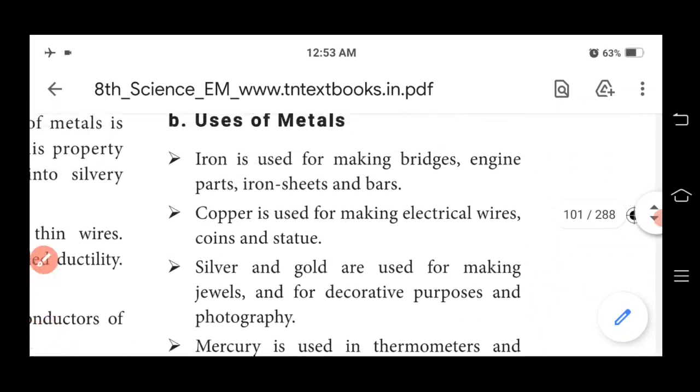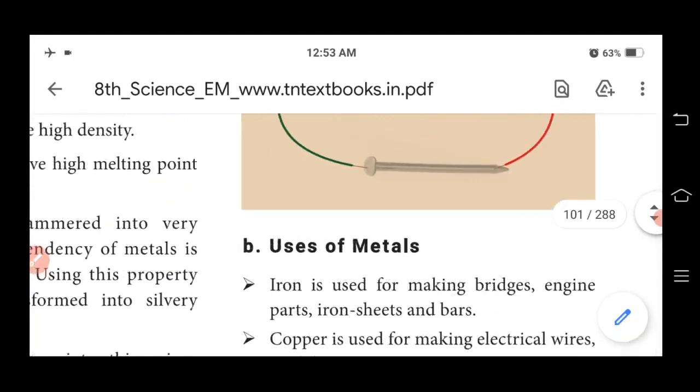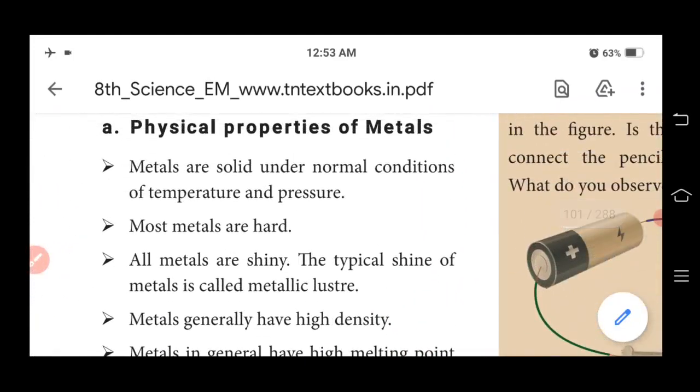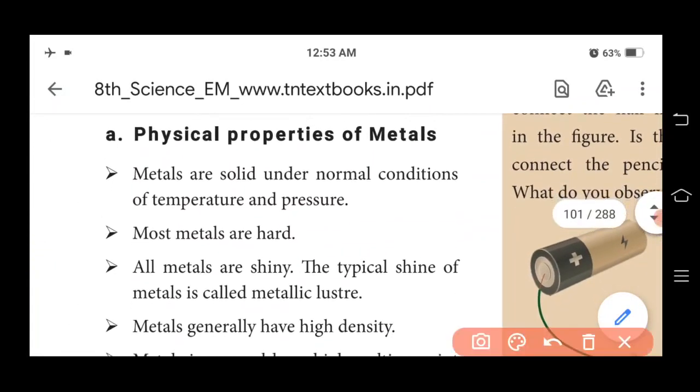Students, up to this is enough. Let me once again recall the properties and the uses of metals. Metals are solids, they are hard, they are shiny, and they have high density.